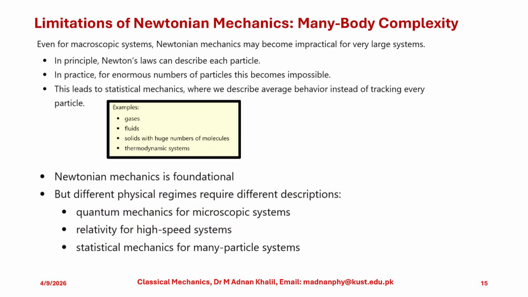The third limitation is practical rather than fundamental. Even when Newtonian mechanics is valid in principle, it may become impossible to use directly for a large number of particles. For a few particles, Newton's law can be written down and solved, but for enormous systems such as gases, fluids, solids with huge number of molecules or thermodynamic systems, tracking every particle individually is impossible, and that is why statistical mechanics was developed.